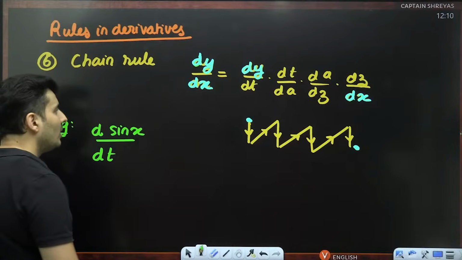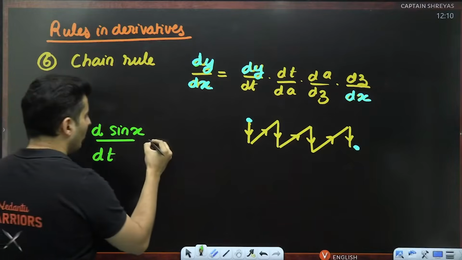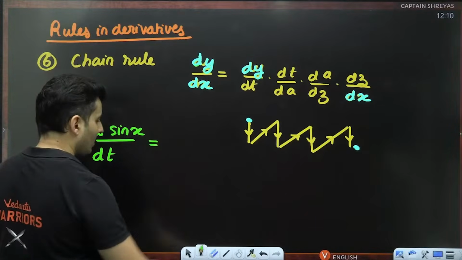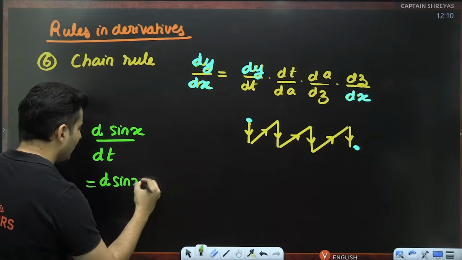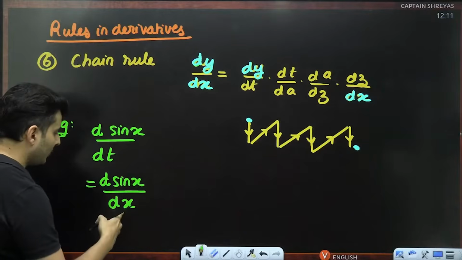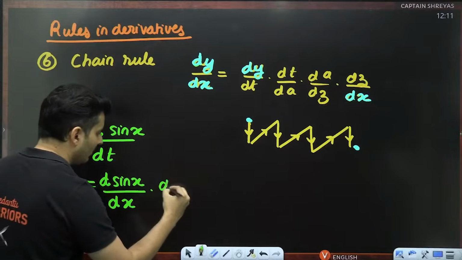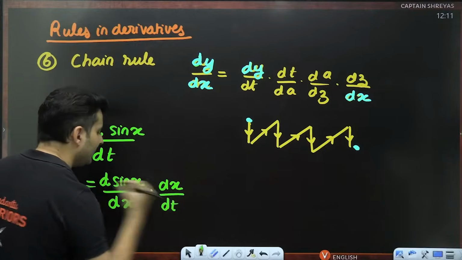Oh, so what to do? Use the chain rule. This is like y, this is like x. What I can write is the derivative of sine of x, differentiated with respect to x. This I know. Because I divide by x, I have to multiply by the same thing. And dt, just leave it as it is.